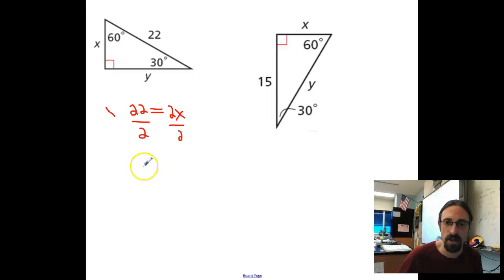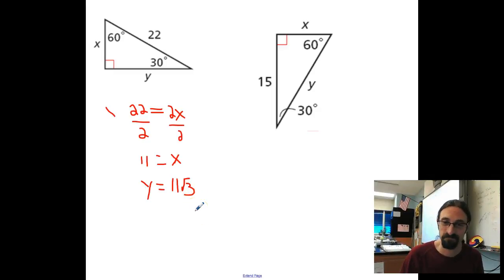And you've got to know that 11 equals x. Again, once you have that short leg, then life should get a lot simpler. The question is, what do I have to do for y? Well, y equals 11 times the square root of 3.